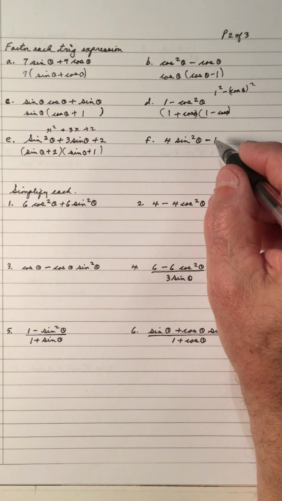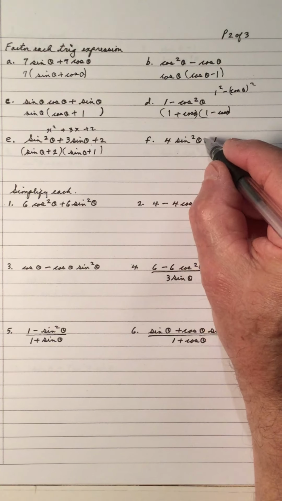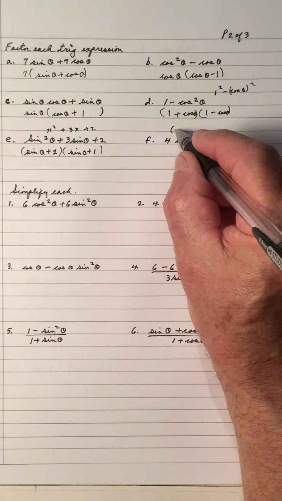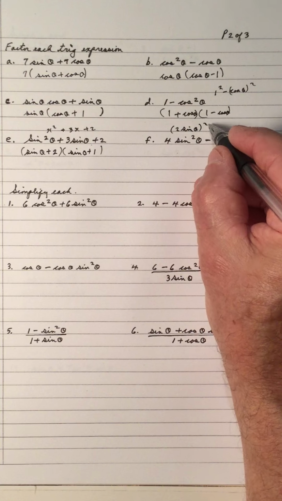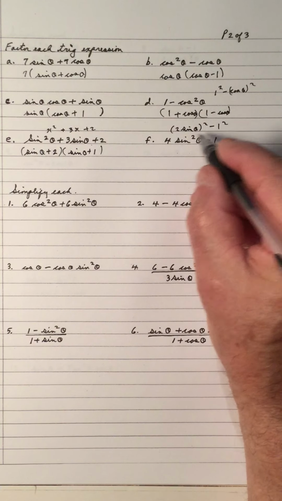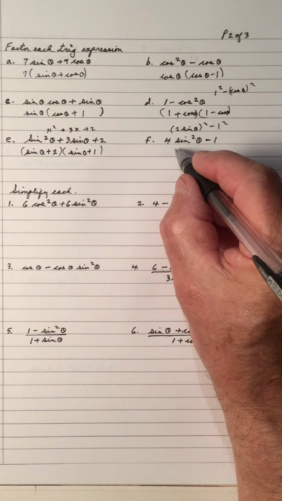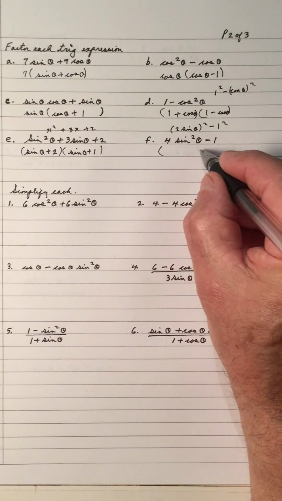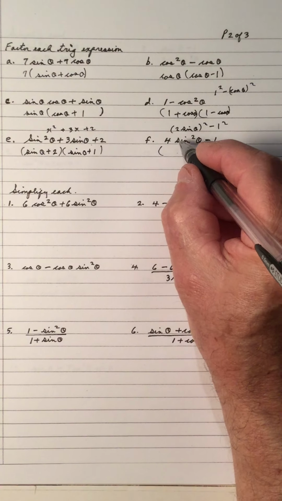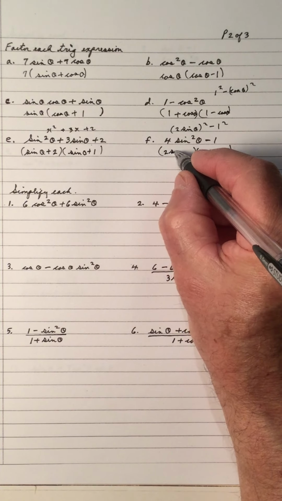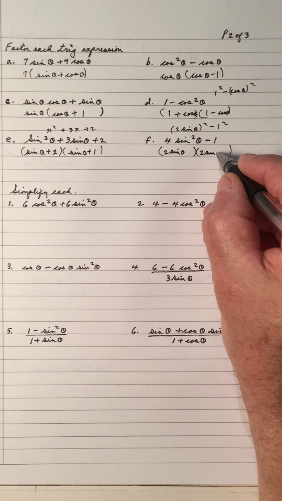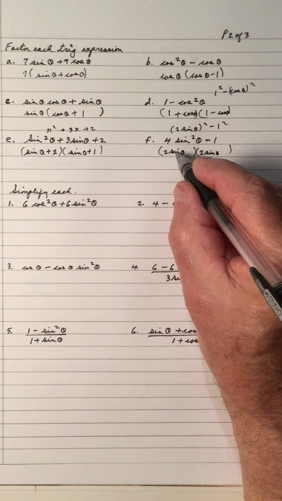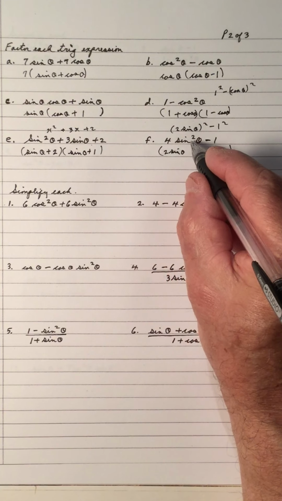And in F, it looks like the difference of 2 squares, so I see 2 sine theta squared, subtract 1 squared. So again, it's the difference of 2 squares. So that gives us 2 brackets. In the first bracket, I have 2 sine theta. In this bracket, I have 2 sine theta. So if you multiply these two together, you get 4 sine squared.